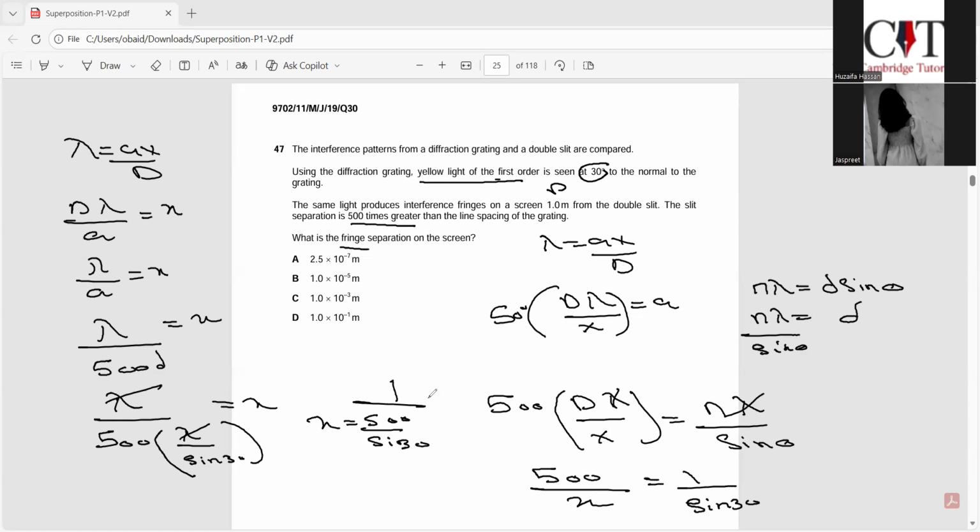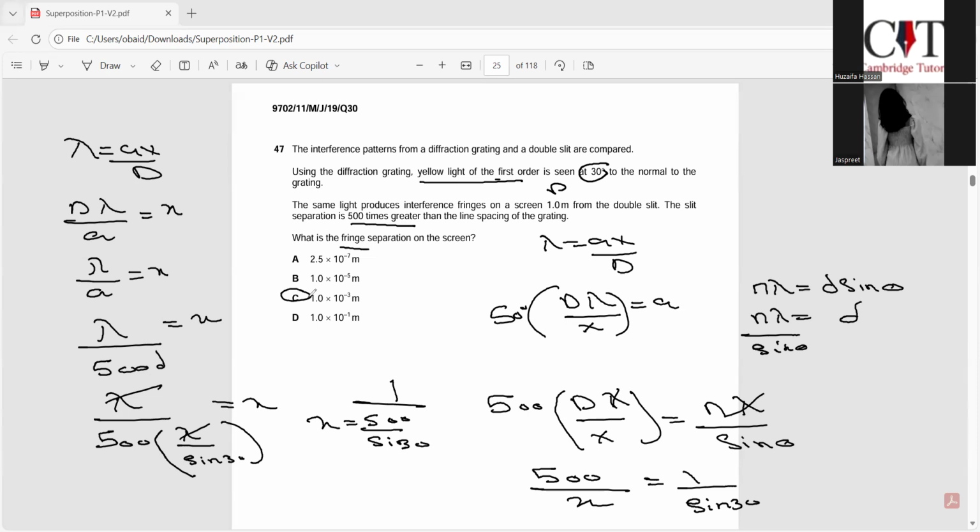Yes. Now try solving it. 1 times 10^-3. So C is our answer. Is it clear now? Yes.